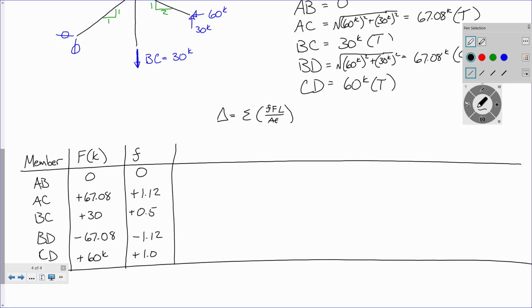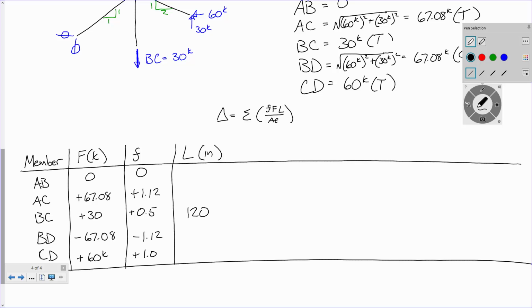So if I want to start expressing member lengths, I need to do it in inches. So let's look at our problem and see what the member lengths are. Let's do the simple ones. Member BC, how long is member BC? 10.